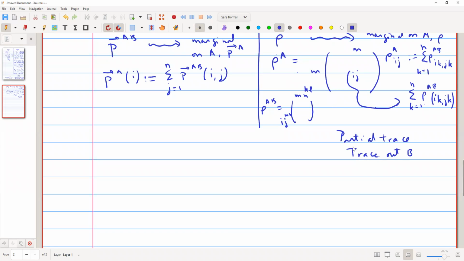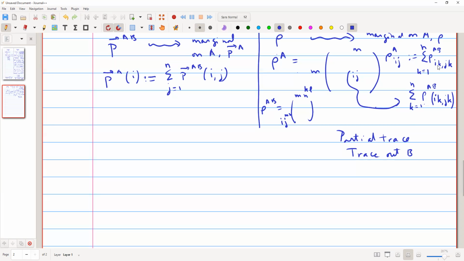So why is the name trace coming? What would be a complete trace? The usual trace is the complete trace, the full trace. In the full trace, the running index will be the full index.